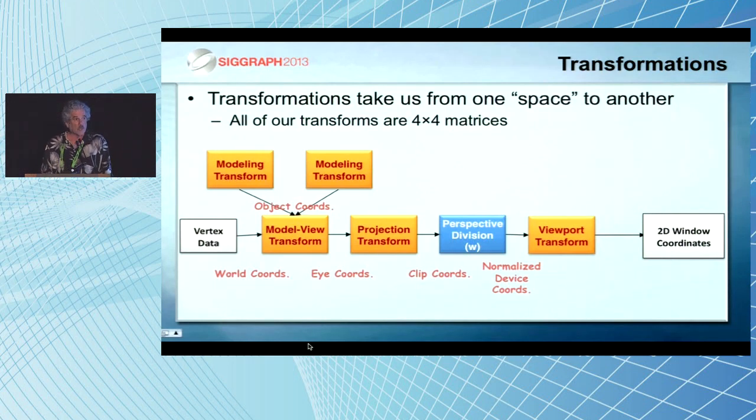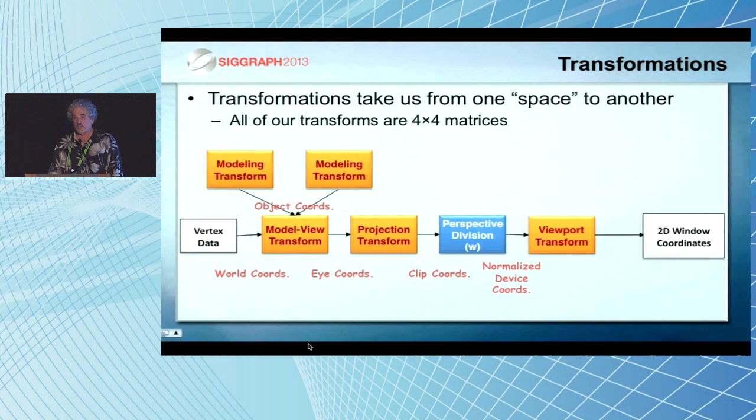So for example, we tend to build our models starting with cubes and spheres and perhaps a few other objects, cones, and they're defined generally in a convenient way. So we define a cube typically, you know, its faces are aligned with some coordinate axes, and it has a default size. If we start with a sphere, we have a sphere that has a unit radius or something like that, and those are generally called model coordinates.